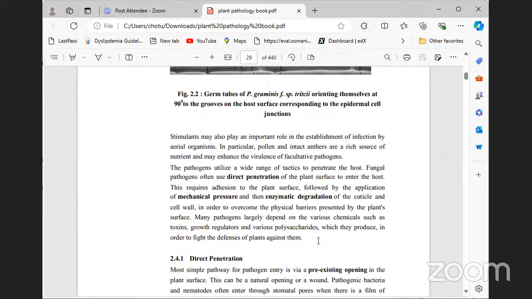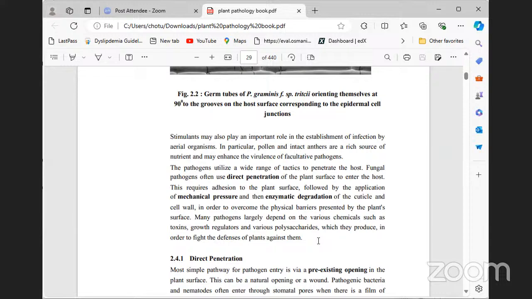Fungal pathogens often use direct penetration of the plant surface to enter the host. This requires adhesion to the plant surface followed by different types of involvement: first, mechanical pressure, and second, enzymatic degradation of the cuticle layer and cell wall.